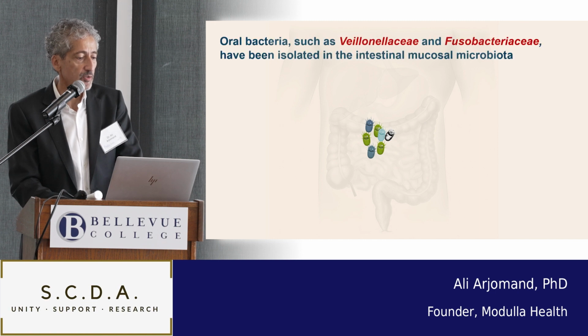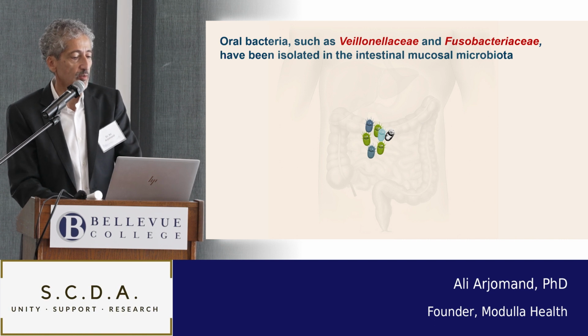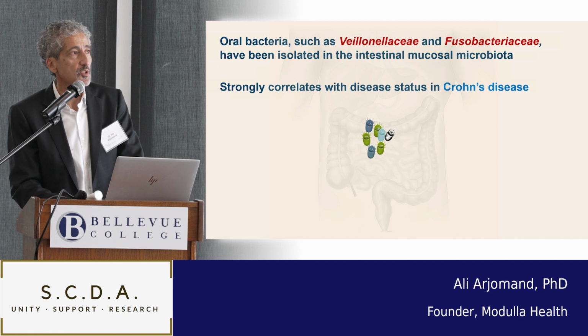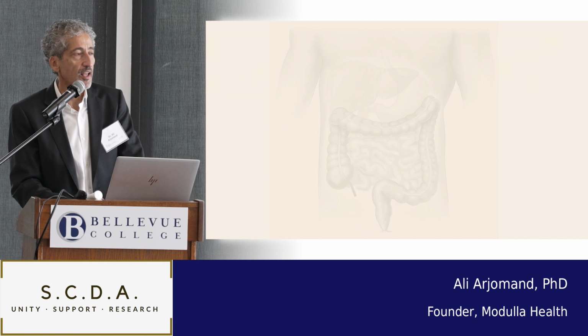As examples, these oral microbes that I listed in red here have been isolated in the intestinal mucosal microbiota, and it's also been associated strongly with disease status of Crohn's disease. Those 2 microbes in red, when they show up in the gut, you see that in active Crohn's disease. Not elsewhere.